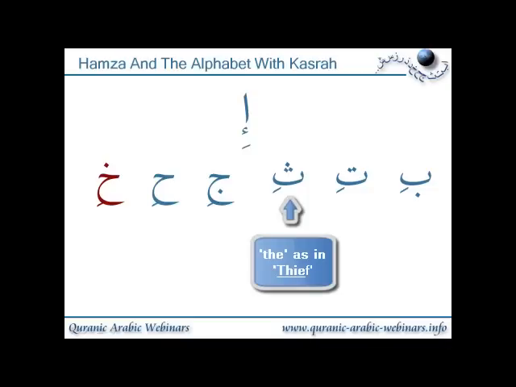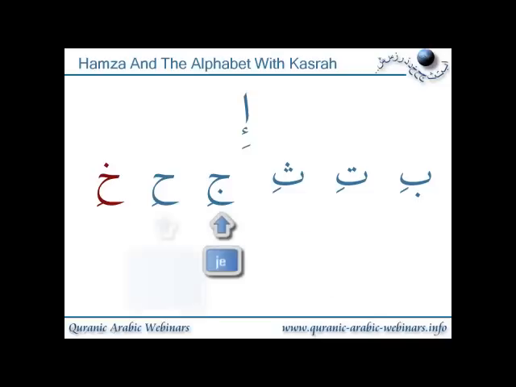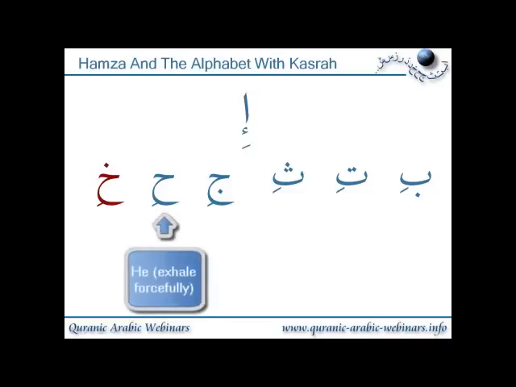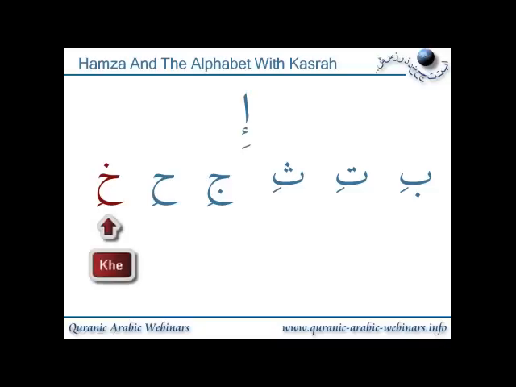So this is a th, as in the word thief, Thi. G, He. Now the He is the heavy Ha, which comes from the throat. So you have to exhale a bit more forcefully. Then we have Khi, slight grinding in the throat there, Khi.